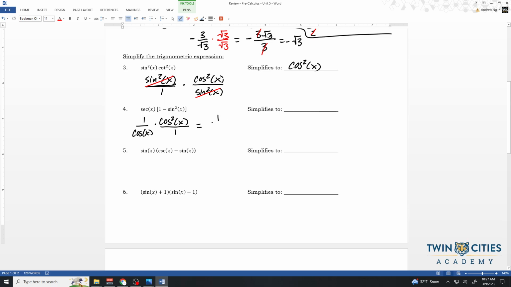So that would be 1 over cosine of x times cosine of x times cosine of x over 1. And that'll make it a little bit easier to see that this cosine of x in the denominator will divide out with one of these, leaving just 1 times cosine is cosine over 1, or just cosine of x.